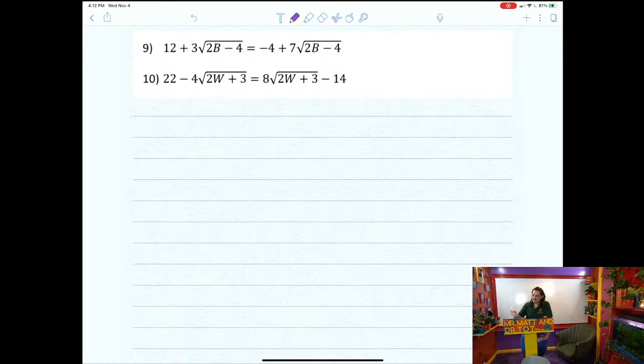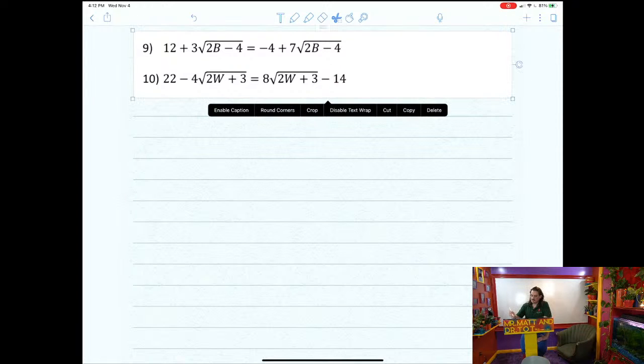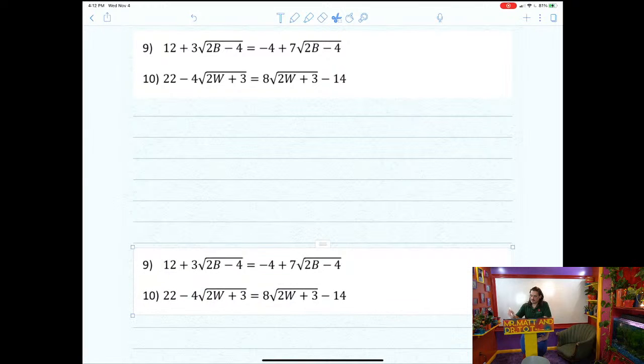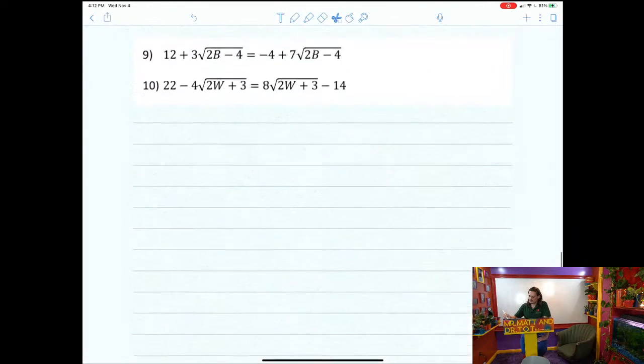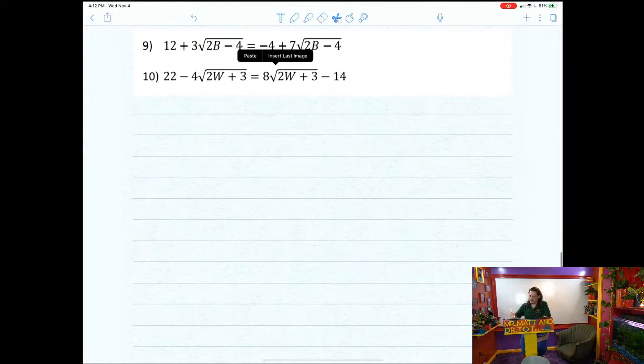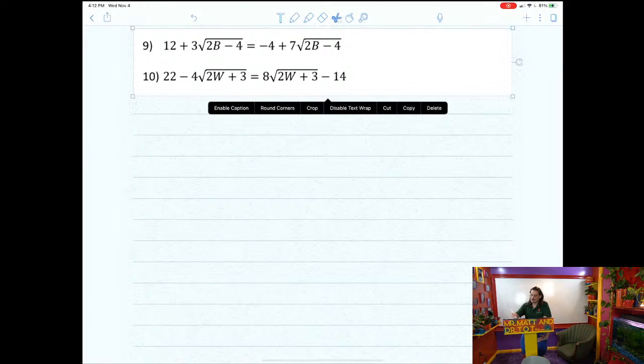So if I take this, actually what I'm going to do, let me just put this down here, and then I'm going to do this, because I only need one of them right now. Okay.